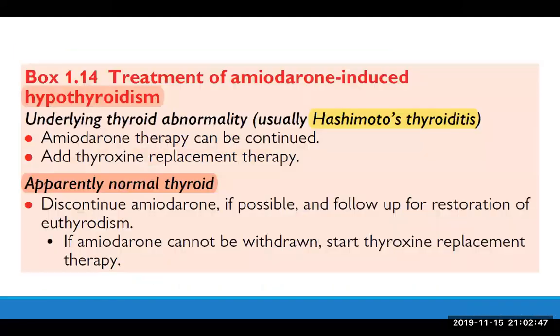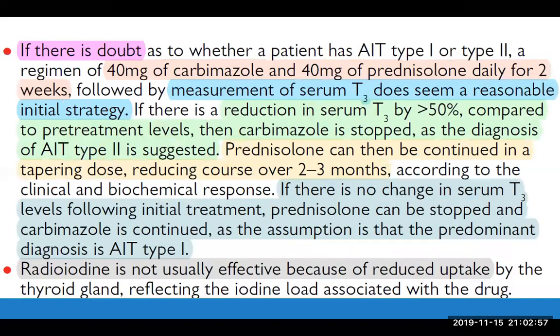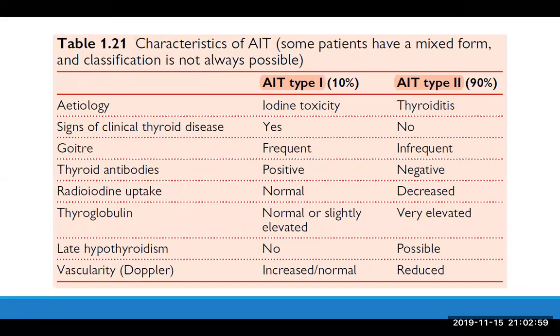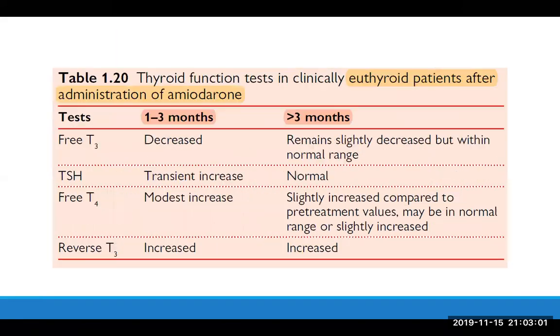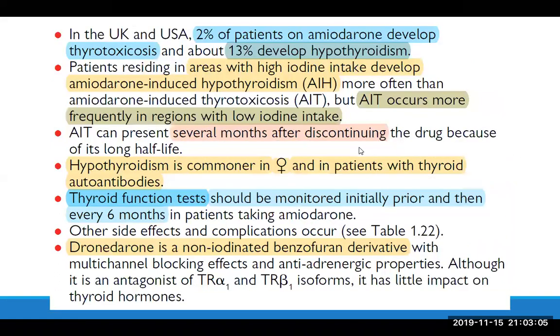Actually, I will show this table. He mentioned that the derangement of thyroid function tests is about 25%, and in other references they mentioned that it is about 18%. So as we said, about 13% develop hypothyroidism, or 2% present with amiodarone-induced thyrotoxicosis.